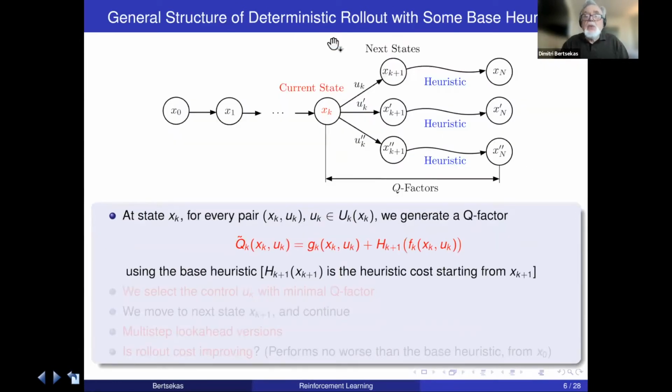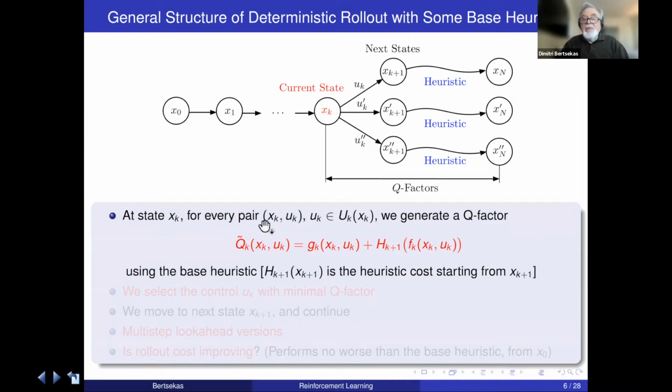Okay, so we'll start with deterministic rollout, deterministic problems and finite state. And we have gone through this figure before. We generate a state trajectory, one state at a time, one stage at a time. At the typical stage and state xk, suppose we have reached the state xk, what we do is we consider all possible controls, and we assume a finite number in this picture.